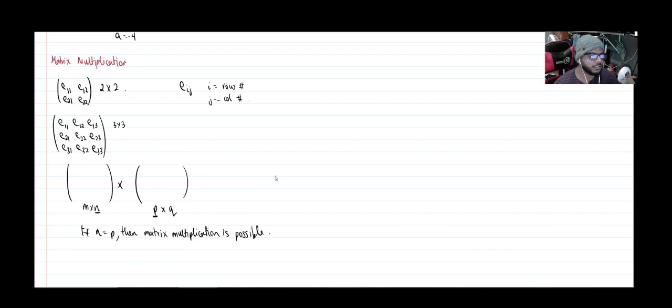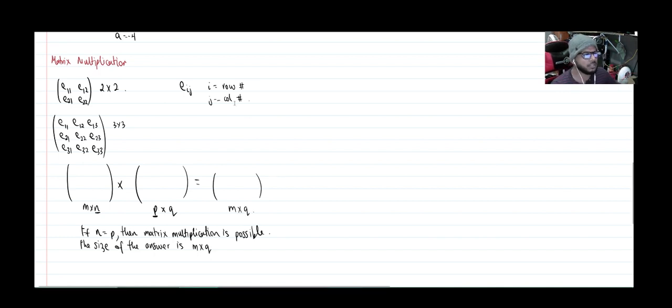Another thing happens with the size of the answer. The size of the answer is m by q. So my answer will be an m by q matrix.